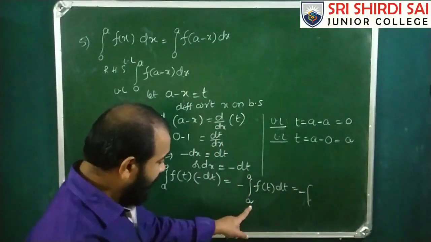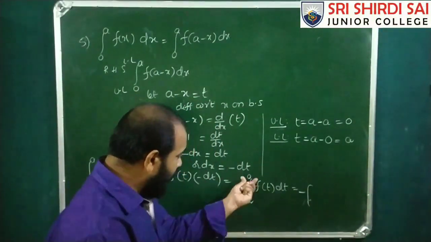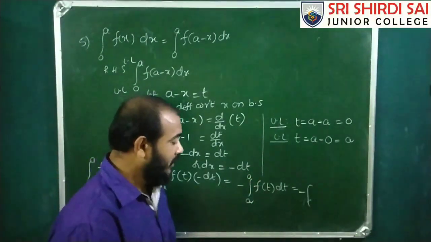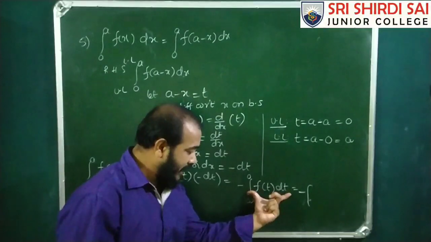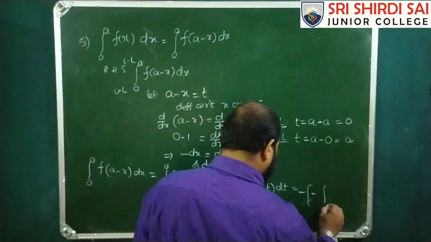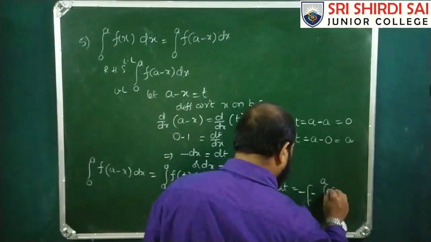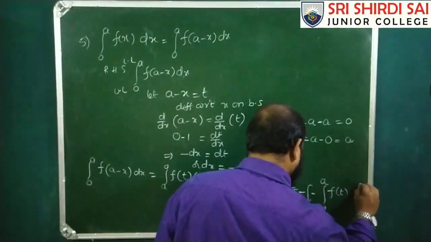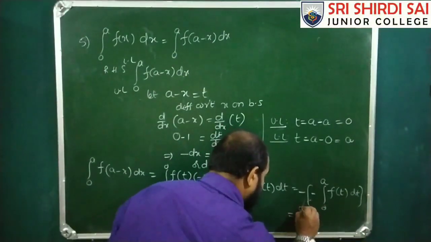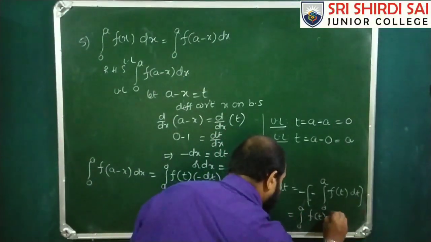So this is a to 0. a is the lower limit while 0 is the upper limit. If we interchange, then we get a minus for this. So minus 0 to a f of t dt. So minus of minus is plus. So integral 0 to a f of t dt.